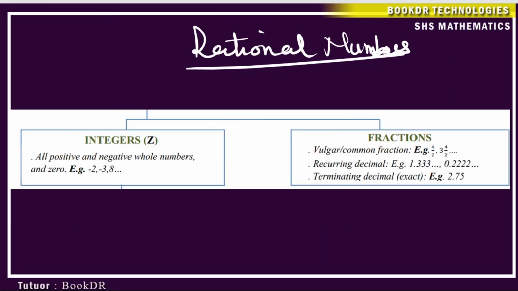Rational numbers can be grouped into two. We have the set of integers, always denoted with the letter Z, and fractions.